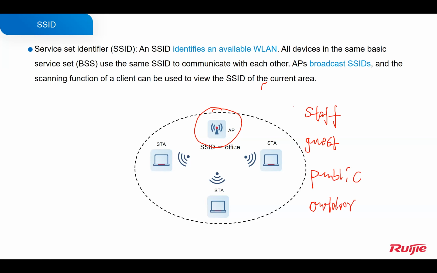For different SSIDs, we can provide service for different customers. The staff SSID is provided to our employees, and the guest SSID is for every guest customer. The public SSID provides the wireless network for our public guests, and they don't need to do authentication for this network. The outdoor network is for the swimming pool and activity places like this.